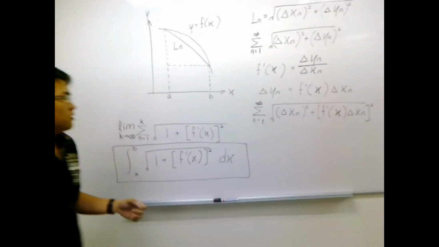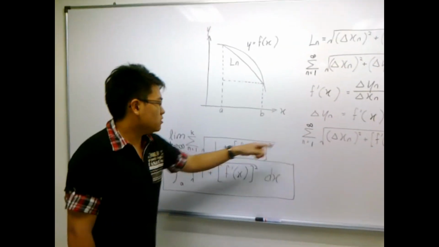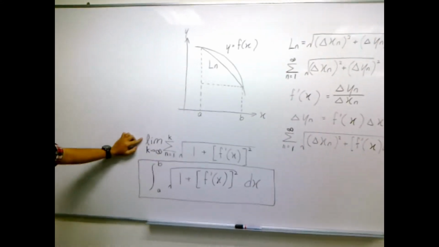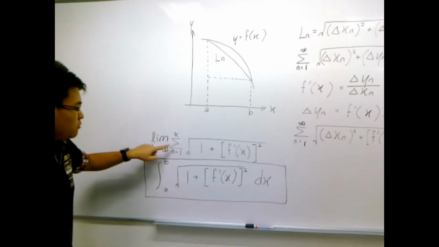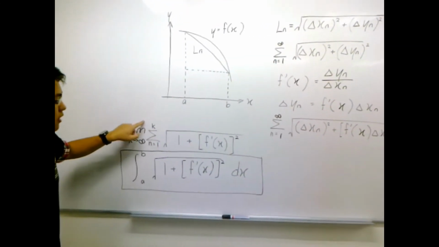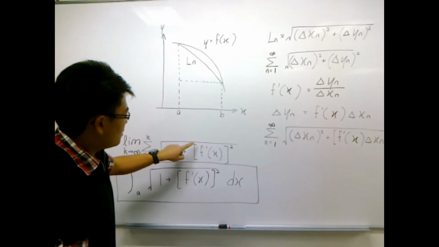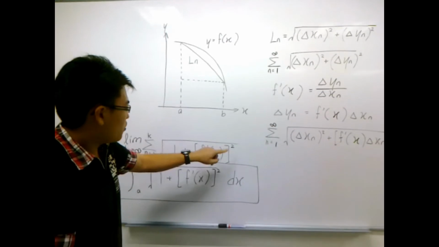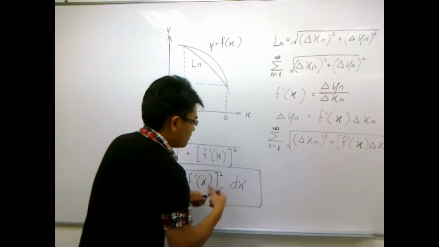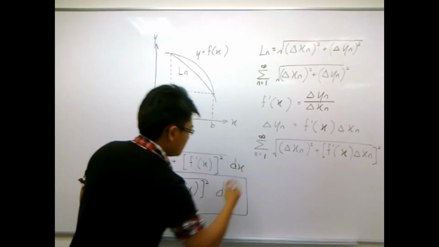And when you simplify that equation, you will get the limit as k goes to infinity of the summation from n equal to 1 to k of the square root of 1 plus f prime x squared, and dx here.